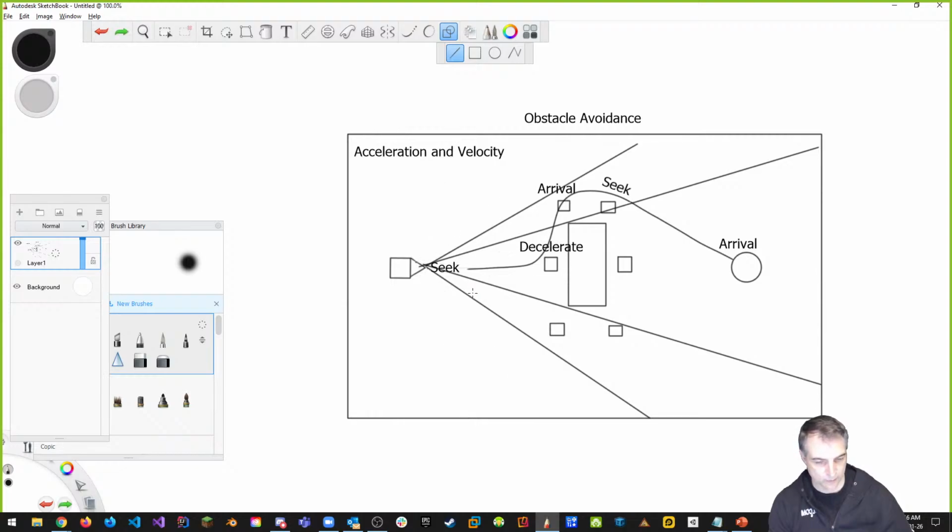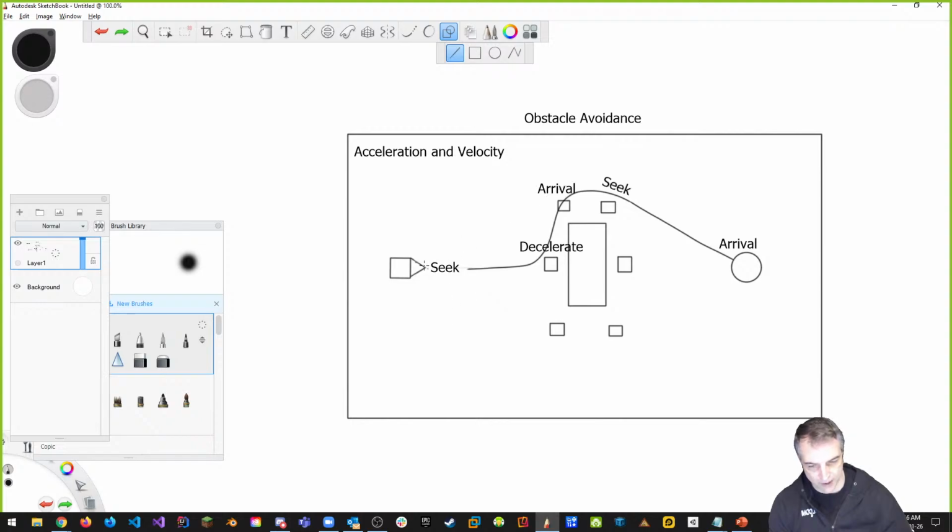And so a lot of times what we do is simplify, right? We say I have a radius, an arc that I can see in front of me, maybe something like 90 degrees, or maybe 60 to 90 degrees. So I have some kind of arc of sight.